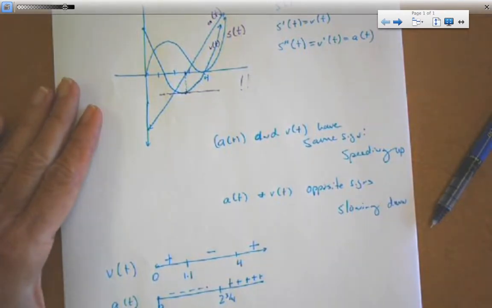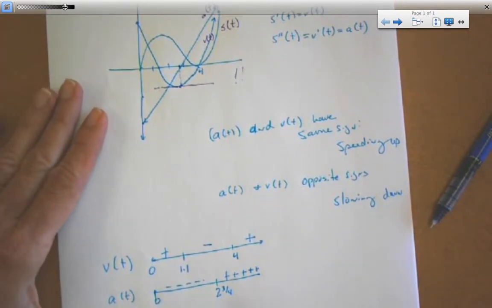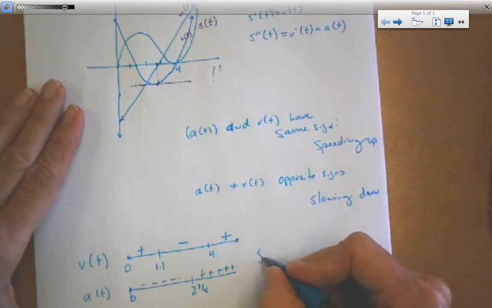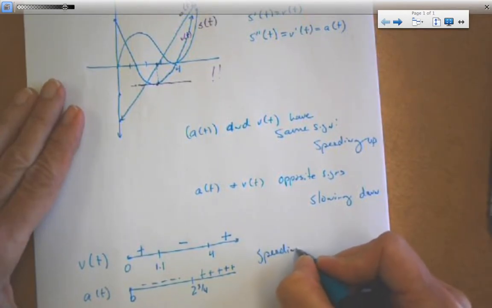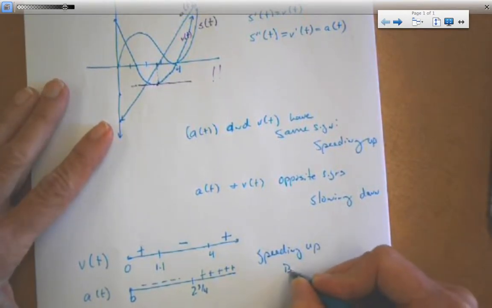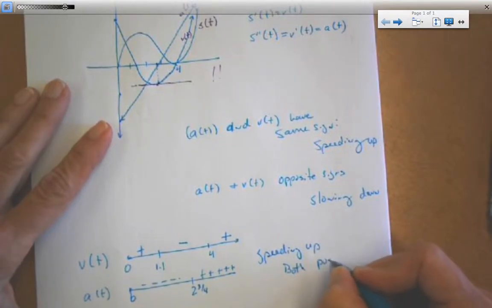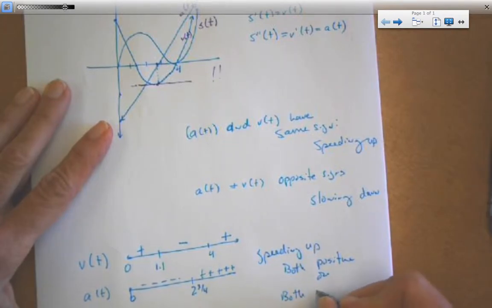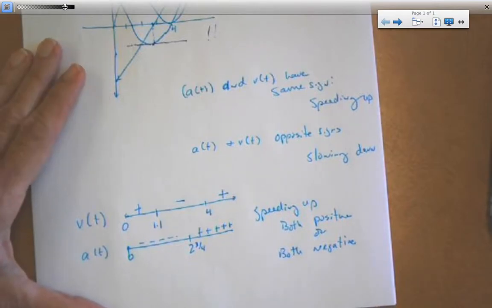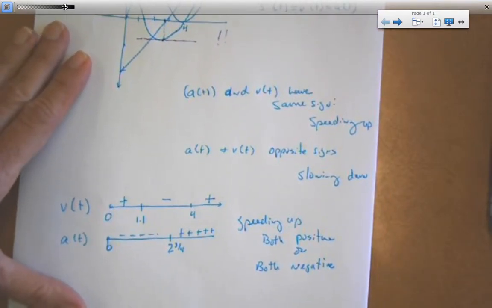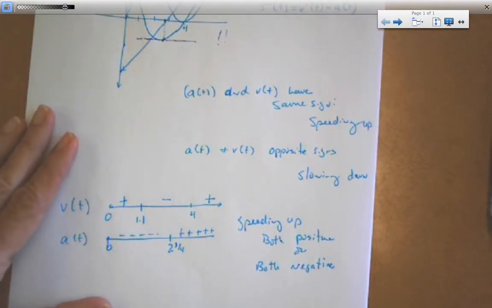Okay. So we're only concerned about where we're speeding up and slowing down. Speeding up, we look for same sign, meaning either both positive or both negative.